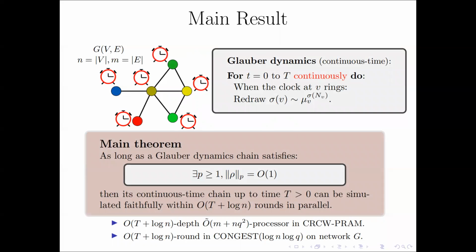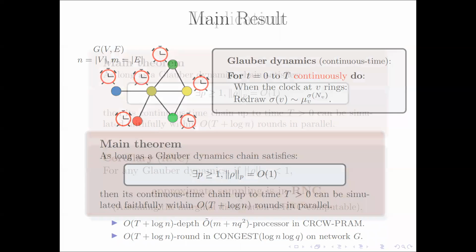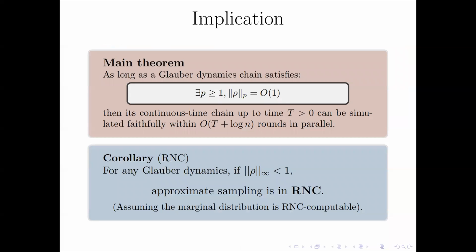Our algorithm works within O(t + log n) depth and polynomial processors in the CRCW PRAM model, and works in O(t + log n) rounds in the CONGEST model on network G. Since Dobrushin's condition implies the continuous time chain mixes in O(log n) time, combining with our result, for any Glauber dynamics, if the infinity norm of rho is less than 1, the approximate sampling is in the RNC class, if ensuring the local distribution of single-site dynamics is RNC computable.